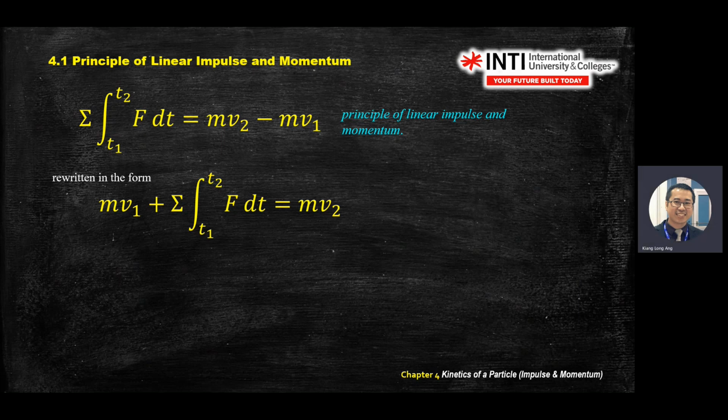The bottom form will give you a better solution where you group all the events that happen before on the left-hand side, and all the events that happen after on the right-hand side. Top and bottom still give you the principle of linear impulse and momentum.